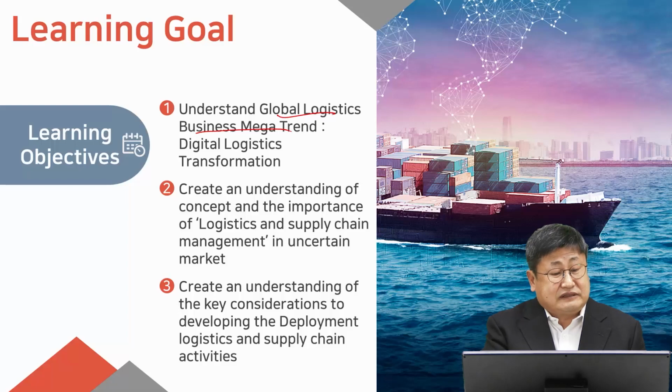And learning objective number three, create an understanding of the key considerations for developing the deployment of logistics and supply chain activities. Okay, by the time you complete studying this chapter, you can understand those three key activities.